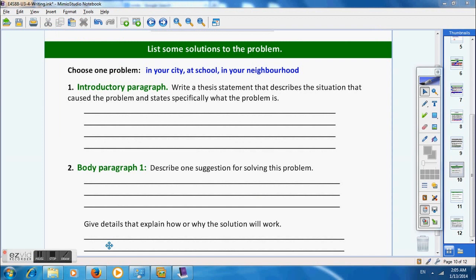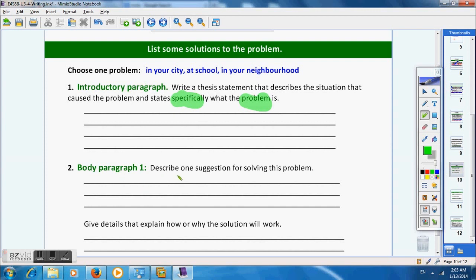Okay, now be prepared for writing. Here, list some solutions to the problem. Choose one problem, maybe in your city, at school, or in your neighborhood. For the introductory paragraph, you write a thesis statement that describes the situation that caused the problem, and state specifically what the problem is. Be specific.